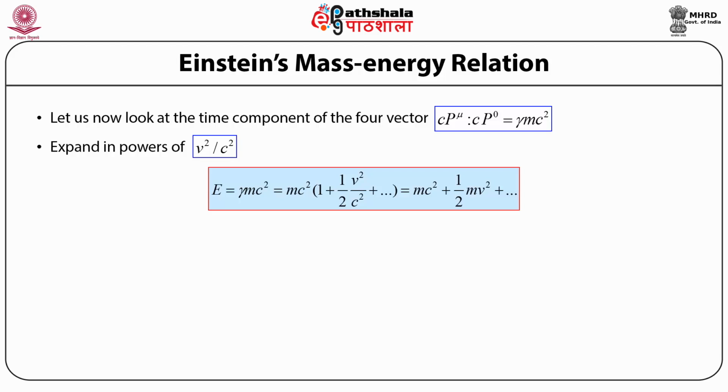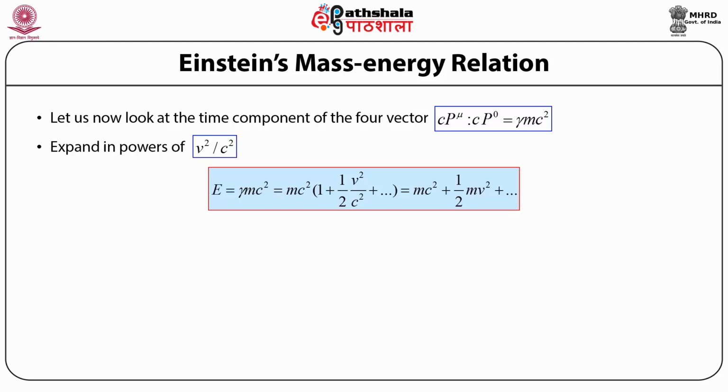Here we get this term when we consider gamma as equal to 1 upon under root 1 minus v square by c square. So we can write the whole term, that is gamma times m times c square, as m times c square times bracket open 1 minus v square by c square bracket close to the power minus half. And when we do an expansion of this as a Taylor series, then we get the above equation.